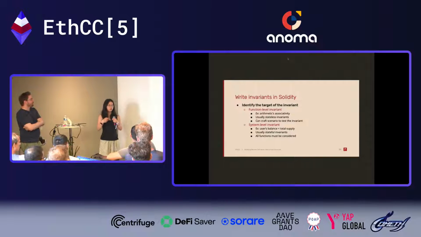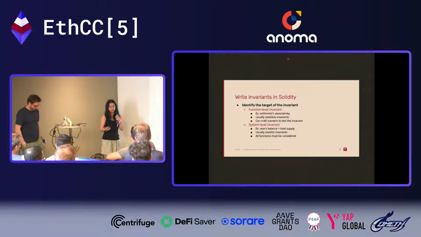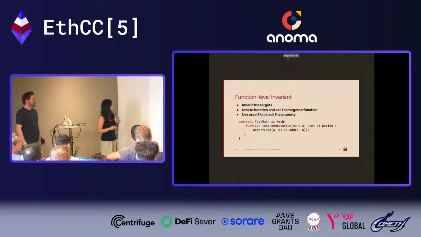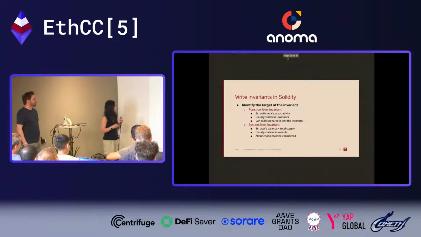Once you understand the expectations from the high-level point of view, then you can really start to think about how you would actually test this in practice. How would you write the Echidna properties in order to determine whether it's exploitable? So there's really two different methods to do this.